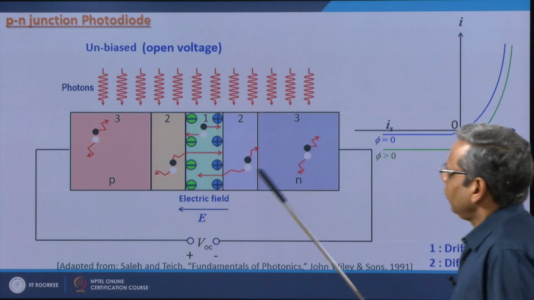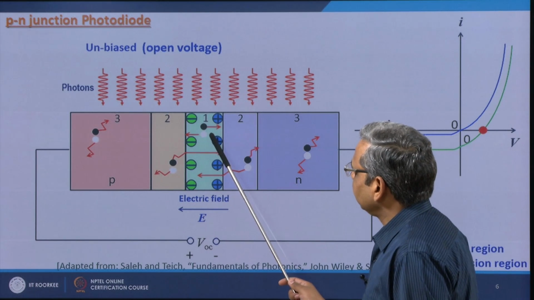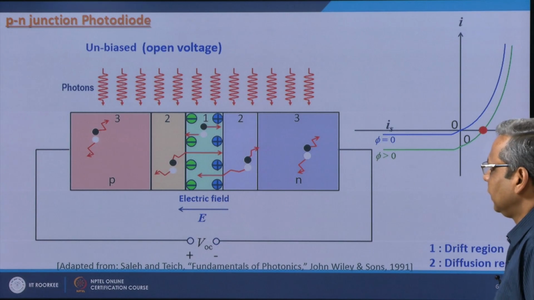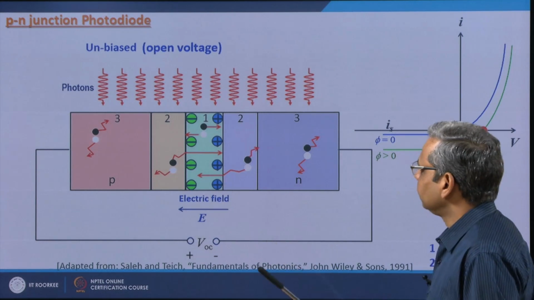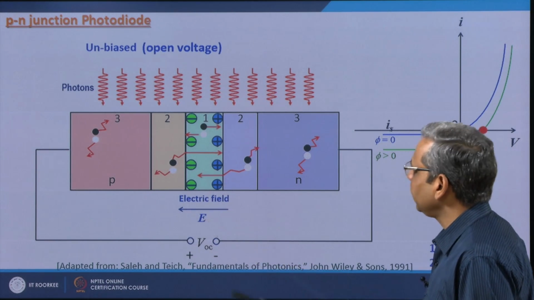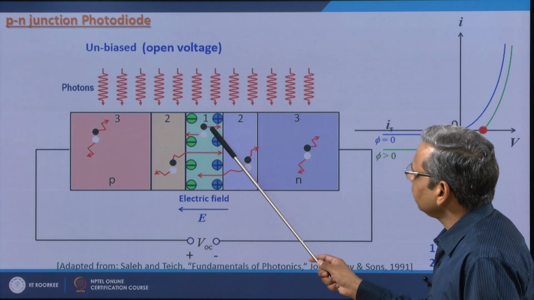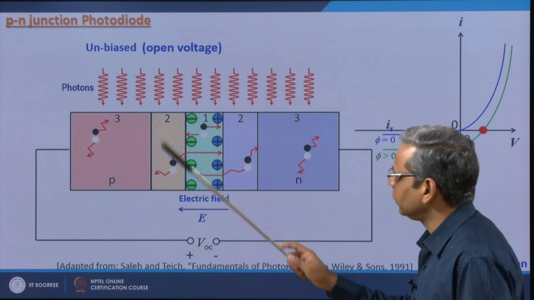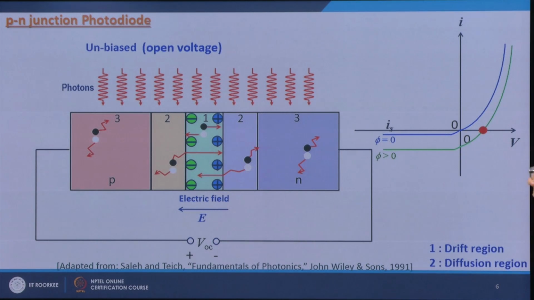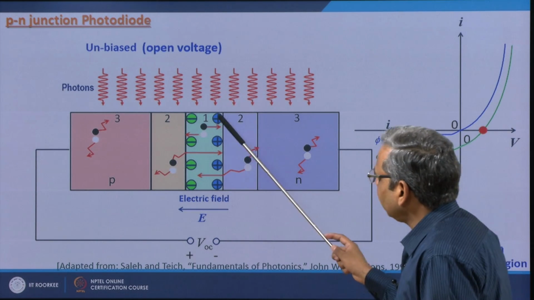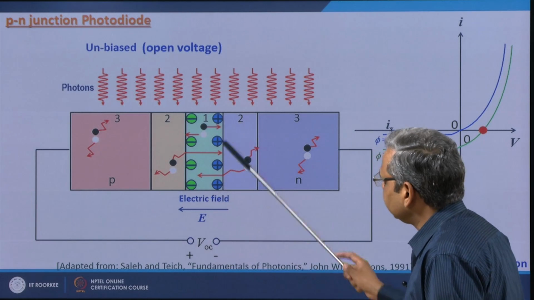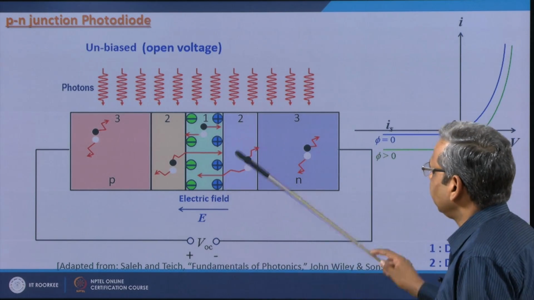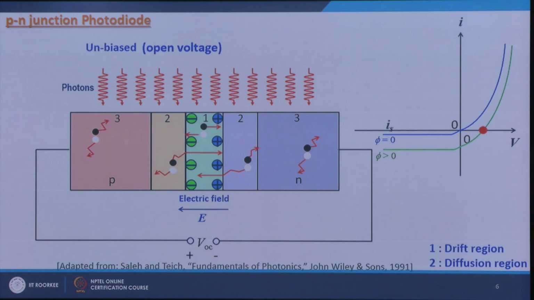Now, let us look at an electron hole pair which is generated in this region. Since you have an electric field which points from N to P, this electron will be drifted towards N type and hole will be drifted towards P type. Any electron hole pair generated in this region, the electron will move to this side and the hole will move to this side.